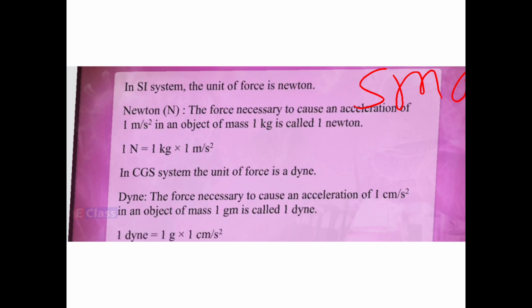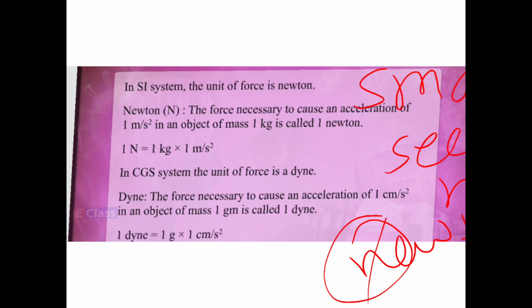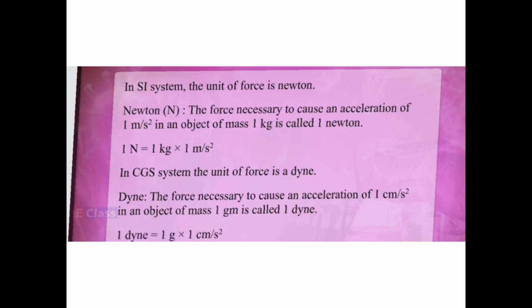So meter, centimeter, second, all these will be written in small letters. So if you want to write Newton as the unit of force, you write newton. Please do not write capital N here. If you write capital N here, I will cut the marks.